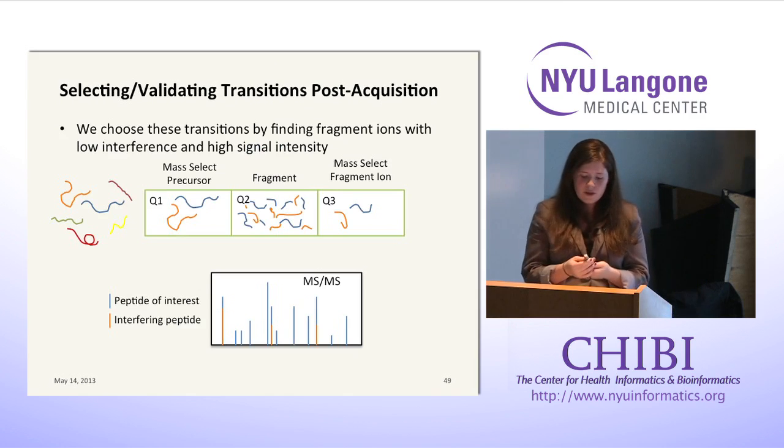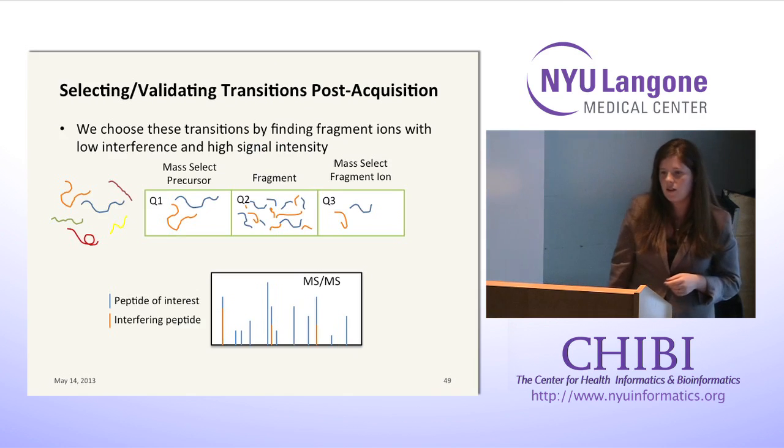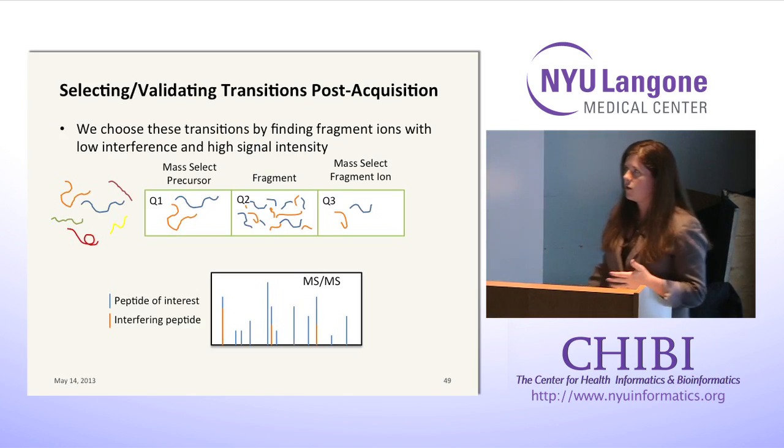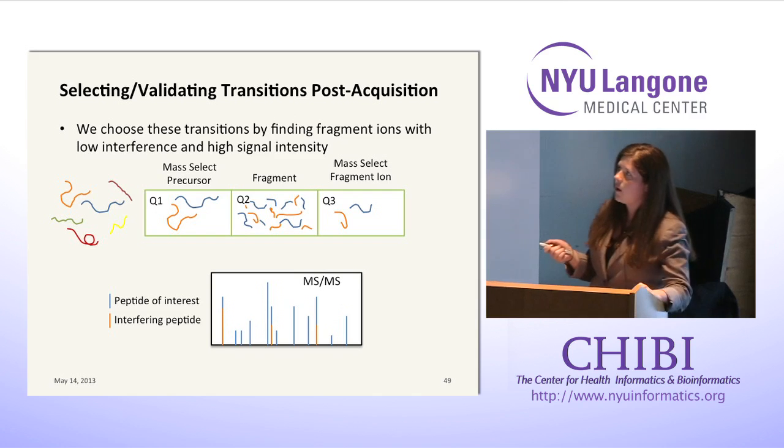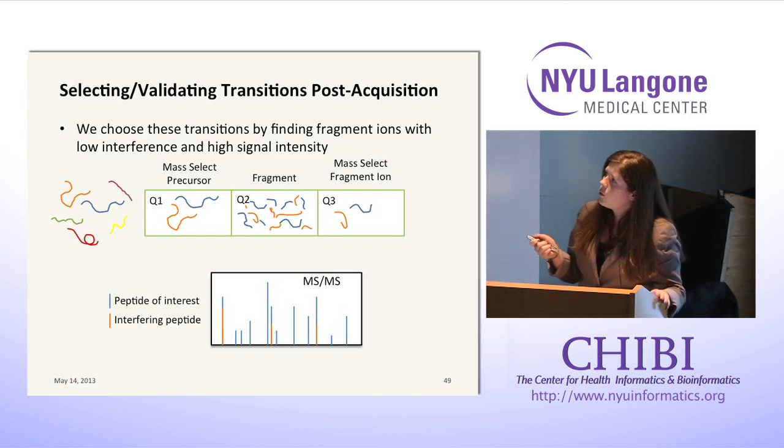So the main issue with looking at transitions for quantitation is that you have to take into account interference. So interference occurs when a peptide has a similar mass to charge and chemical characteristics as the peptide of interest. So if your blue is your peptide of interest and your orange is this interfering peptide, let's say it gets into the first cell and then it is fragmented in your collision cell.